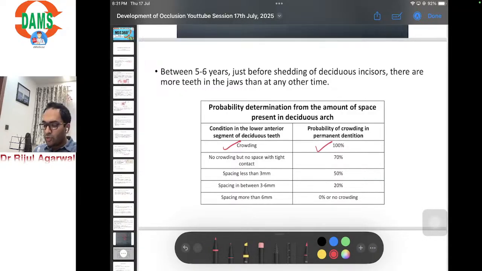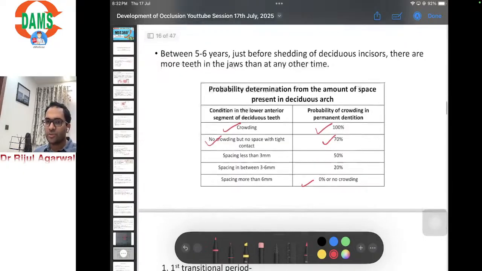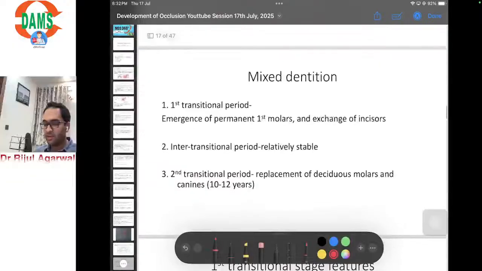If there is no crowding but no space as well, with tight contacts, there is 70% chance. Spacing less than 3 mm, 50% chance. Spacing between 3 to 6 mm, 20% chance, and spacing more than 6 mm, 0% or no crowding in the permanent teeth. So just remember this numerical data chart.